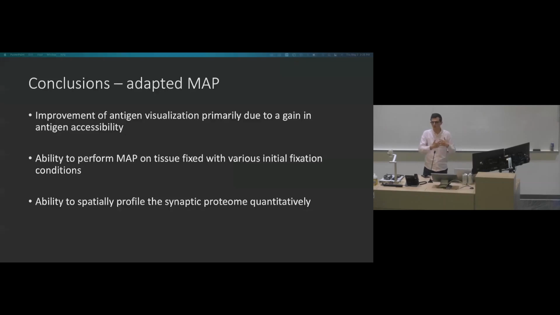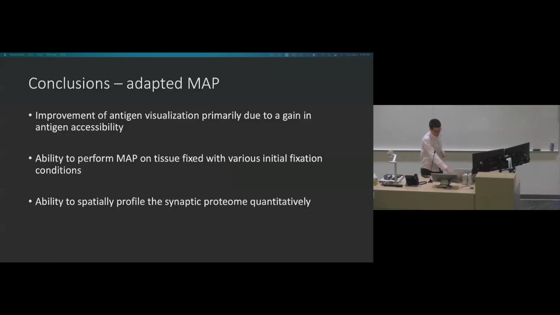We're also able to use MAP in different conditions of fixation, and right now we are using MAP on PFA-fixed mouse brain tissue as well as human brain tissue. And finally, we are able to spatially profile the synaptic proteome quantitatively using this technique.